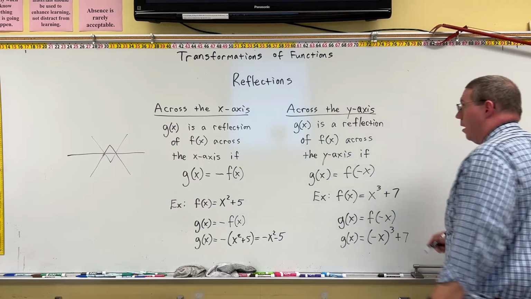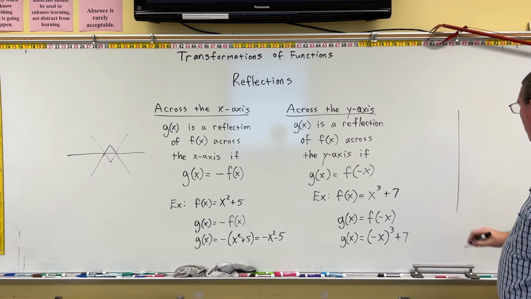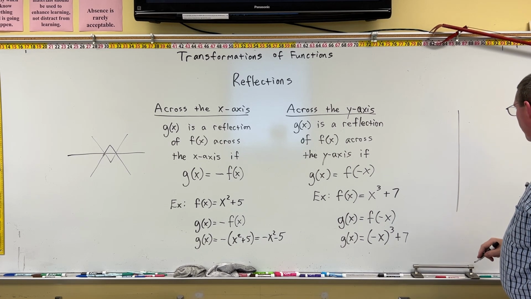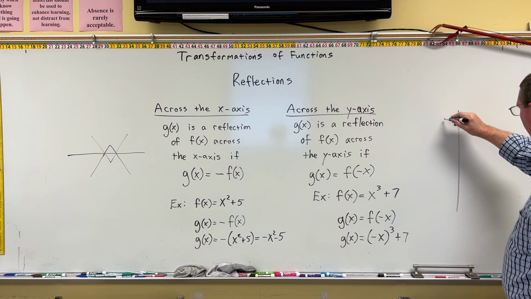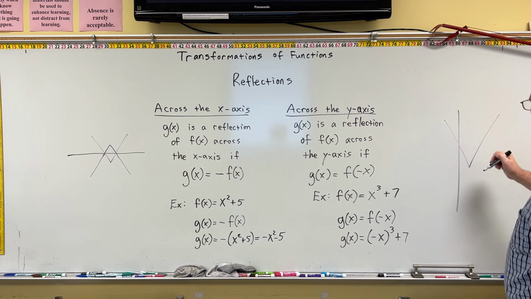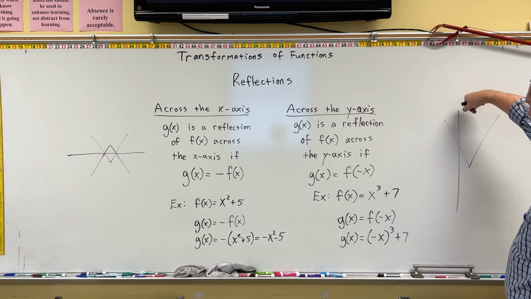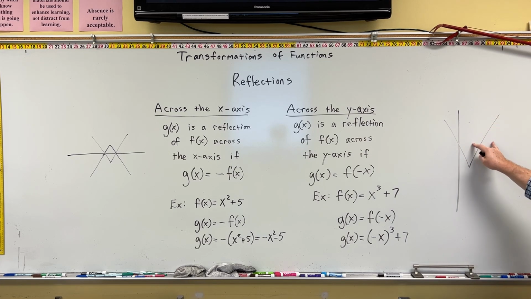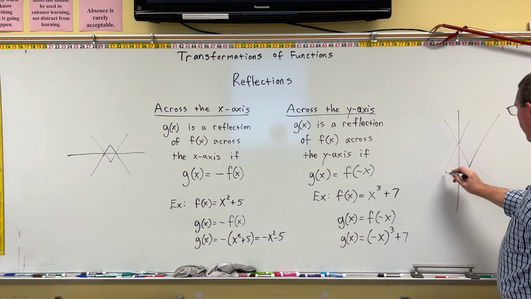Same thing, we can have a reflection across the y-axis. A reflection across the y-axis would look something like this. If we had, let's say, a V shape here and we reflect it across the y-axis, it's like spinning it 180 degrees this way. What's on the right winds up on the left, and what's on the left winds up on the right, and so it looks something like this.